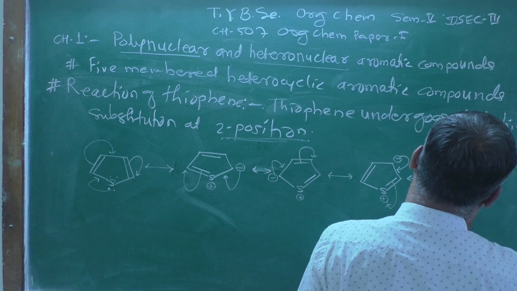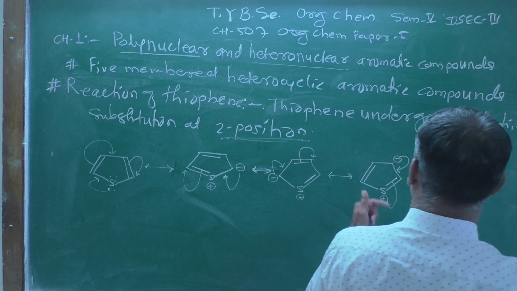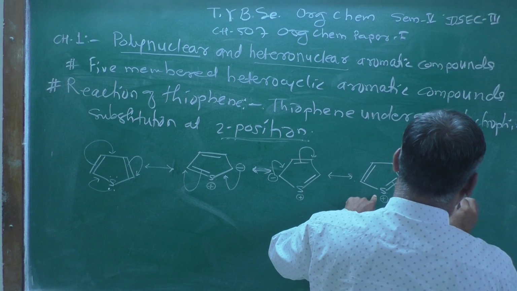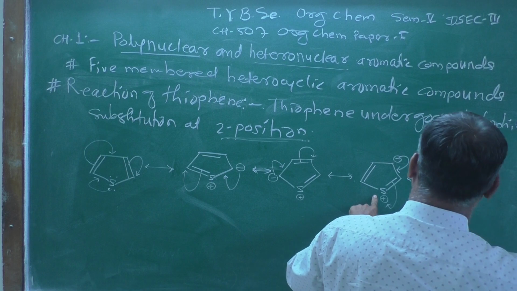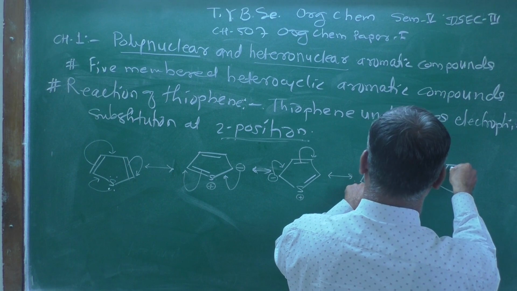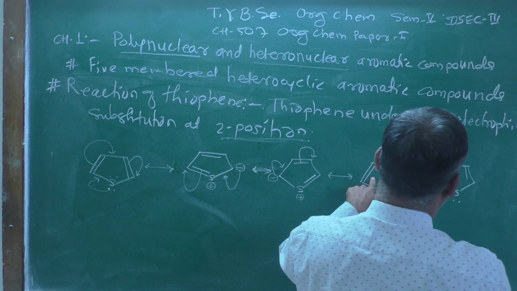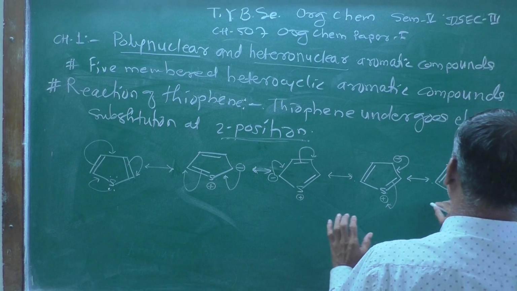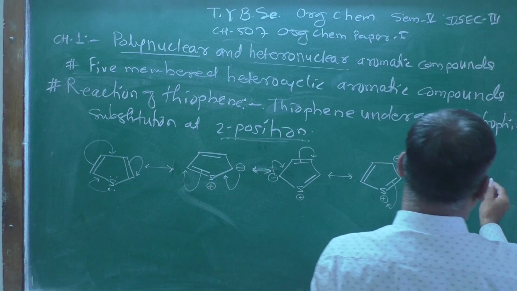The next structure will be this one, sulfur. What are the changes we made here? Forming a double bond, with a lone pair resting on that sulfur atom, and this is a double bond which is forming over here, so that we are getting a structure similar to the first one.